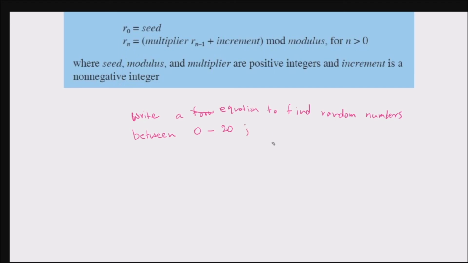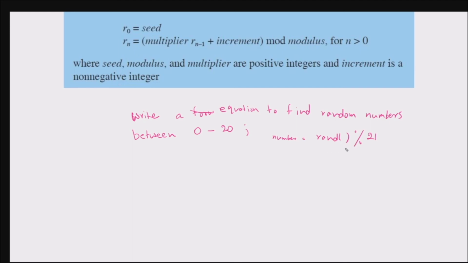Well, I can simply write this equation: number is equal to random, just like this, mod 21.